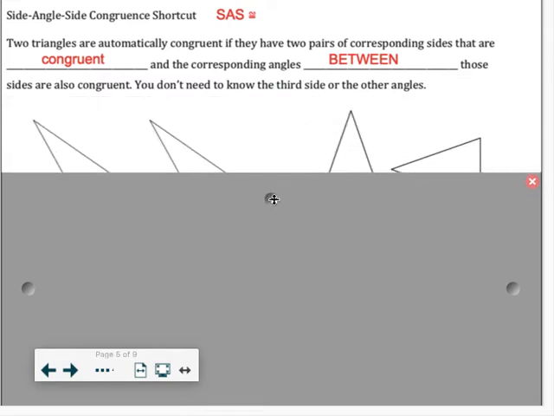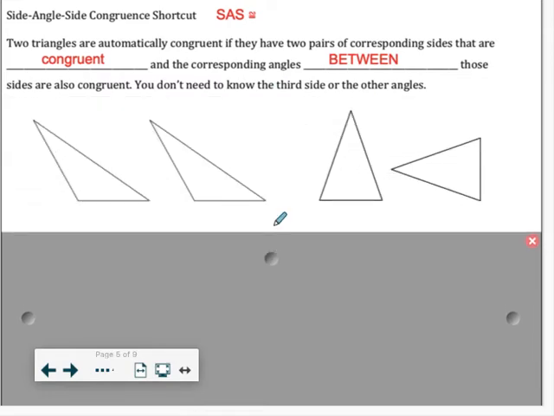Again, you don't have to know the third side or the other angles. Let's say this side is the length of 6 centimeters and 4, and this angle in between is 120 degrees. 6, 120, and 4. With just this limited information, I can say that the rest of the parts have to be congruent.